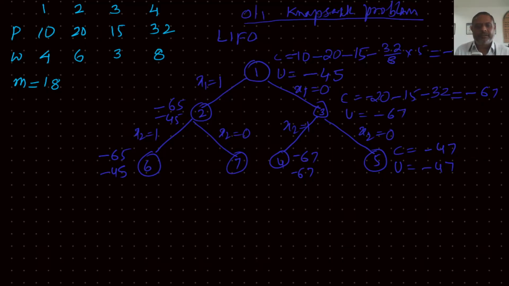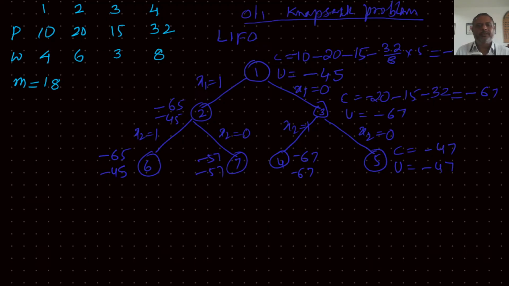Then on this side, 1 is used, 2 is not used. That means 4 plus 3 is 7, 7 plus 8 is 15. So 15 is less than 18, so no fraction is required. So that is minus 10, minus 15 and minus 32, so that's minus 57.